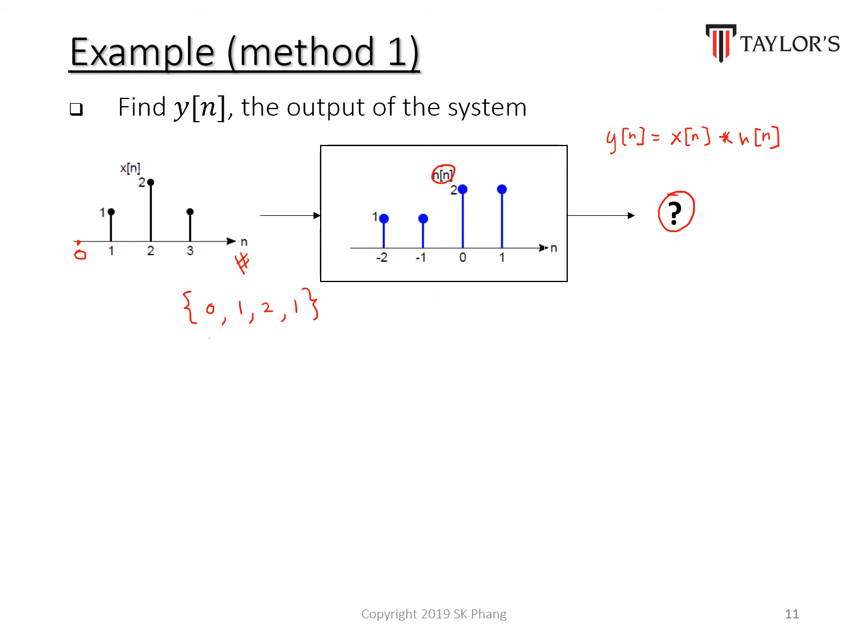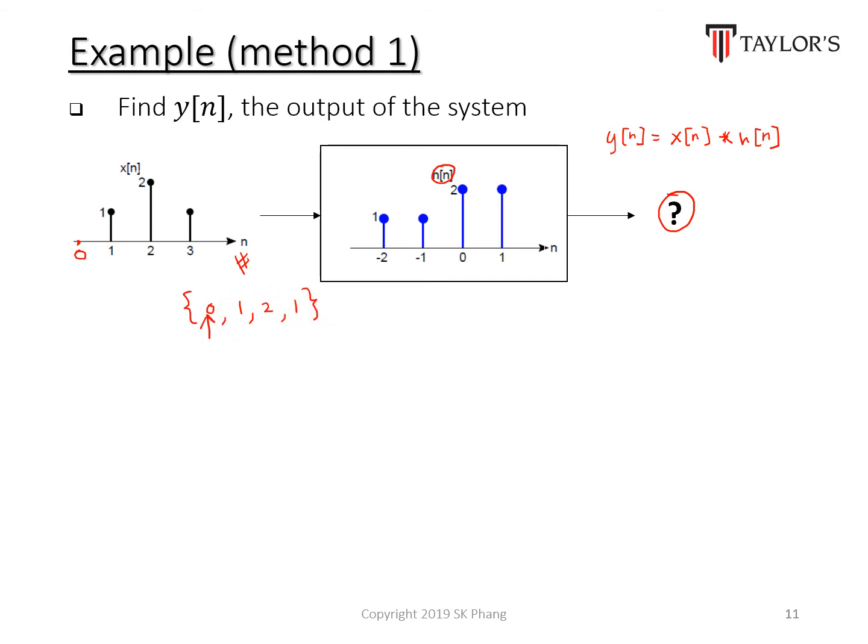Therefore sometimes we put an arrow to indicate that this is the timestamp of 0. The 1 over here corresponds to the magnitude of the signal at timestamp 1. The 2 corresponds to the magnitude at timestamp 2. And the 1 here corresponds to the magnitude at timestamp 3. Therefore we write it in this particular form. This is just additional information for you.